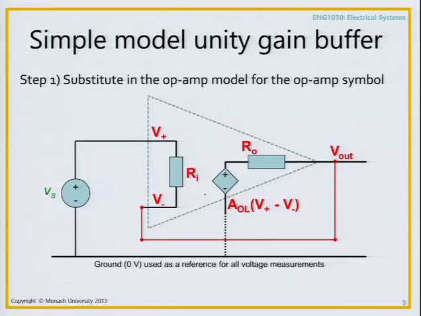Okay, so what do you do to analyze something like this? We want to find, again, V out over V in, or Vs in this case, the gain. And in the ideal case, the gain was equal to 1. What is the gain in this case? So how do we do that? What we do is what we do for pretty much everything in ENG1030.